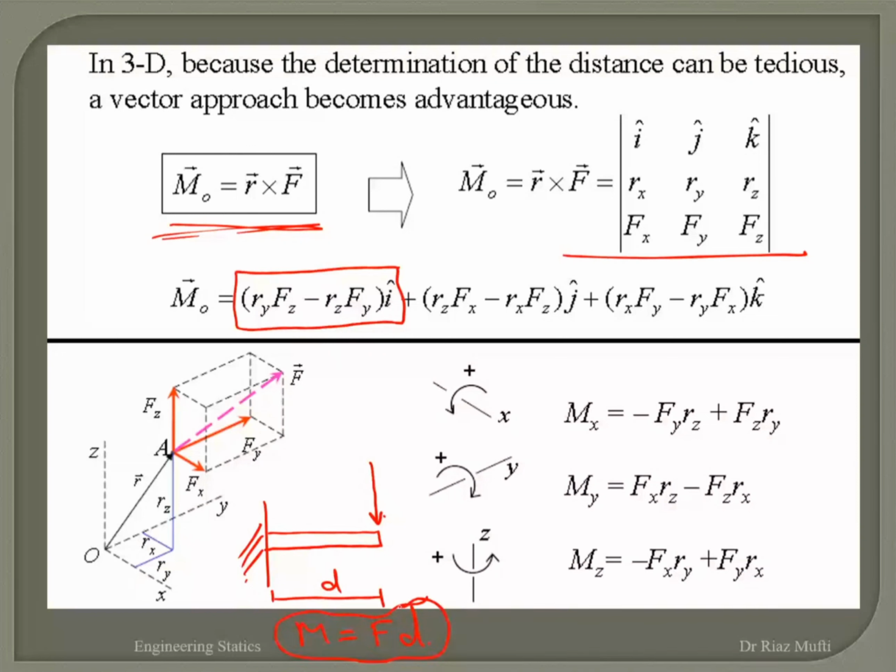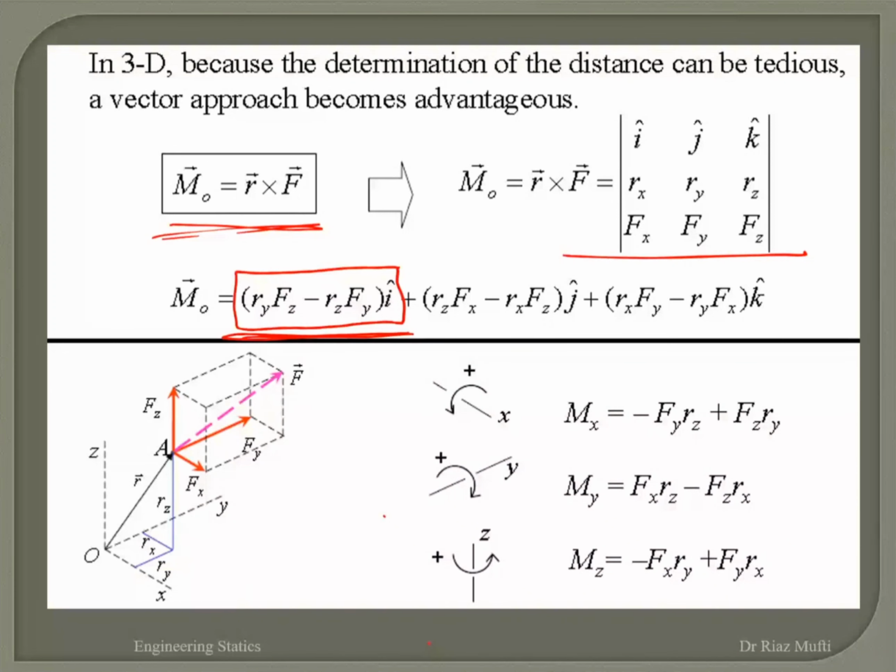It's a bending force, F into D, moment. It's a bending force trying to bend this rod. Am I right? Yes, sir. So you know what moment is. It's a bending or turning moment. So let's now look at what this means.